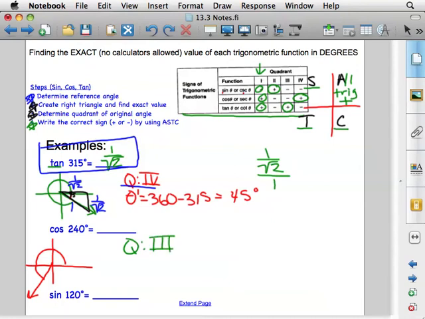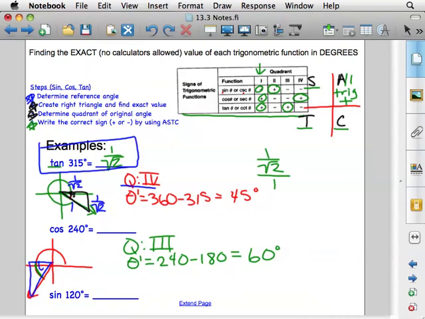We need to find our reference angle. We can take our angle, 240, and subtract 180, and we realize that our reference angle is 60 degrees.